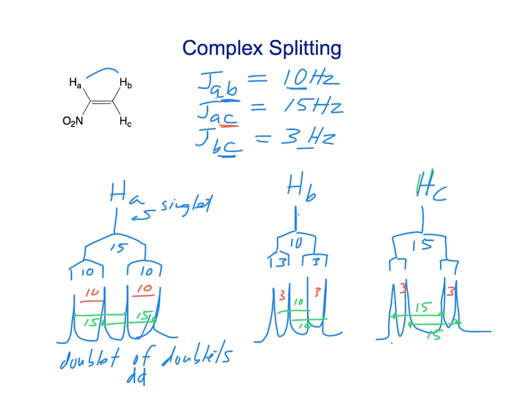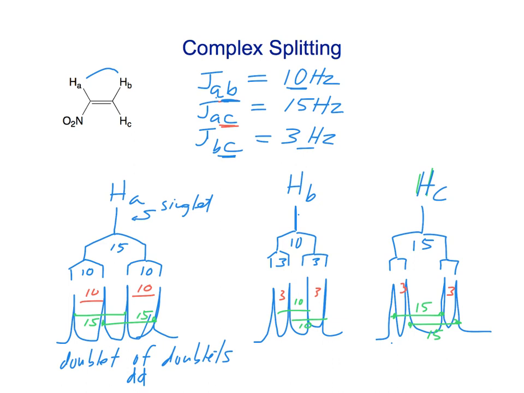There are some situations where they can couple beyond that, but it's much less common. Remember that a very important part of this is that for protons to couple, they have to be non-equivalent. Even if two protons are next to each other, if they are related by symmetry they are the same, and so they don't couple with each other. So they have to be non-equivalent.